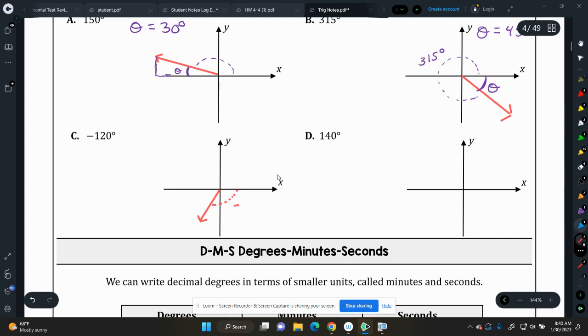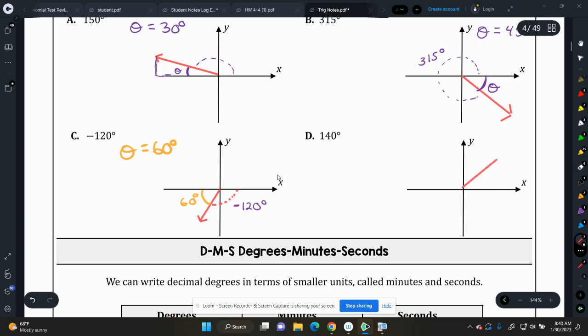So here, what's my reference angle on this one? Yes, my reference angle is going to be 60 degrees. Pretty easy, right?